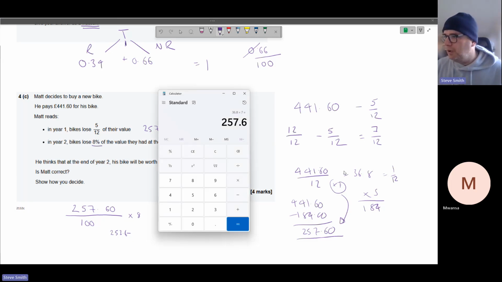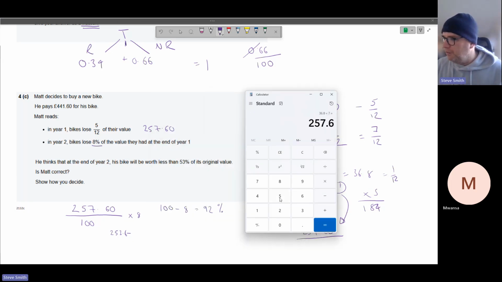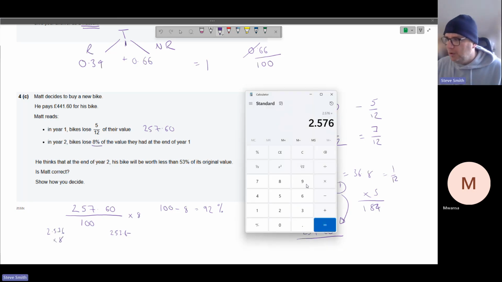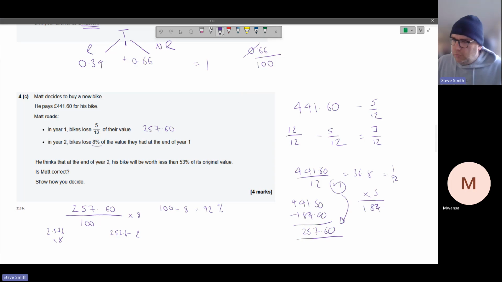So we've got our 257.60. We're going to divide it by 100 to find out what 1% is. So we know that's 1%, 2.576. 2.576 times by 8 to get 8% equals 20.608.